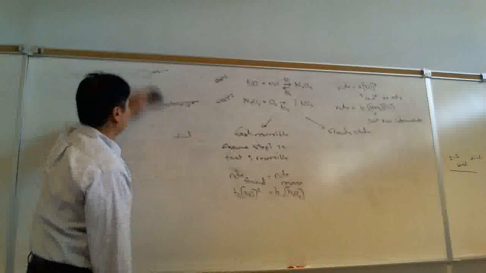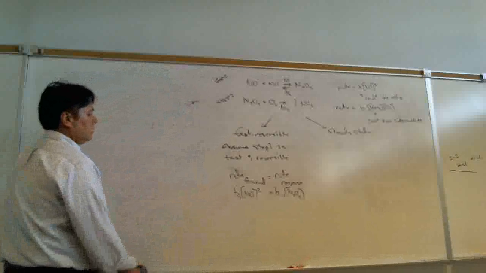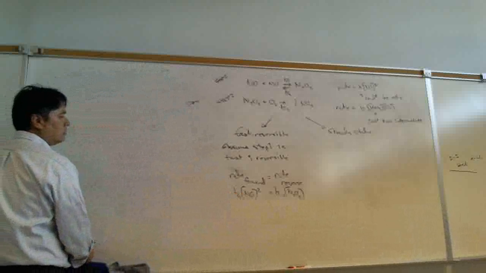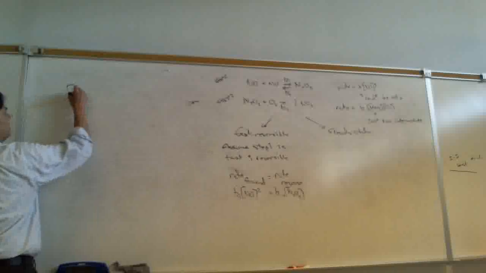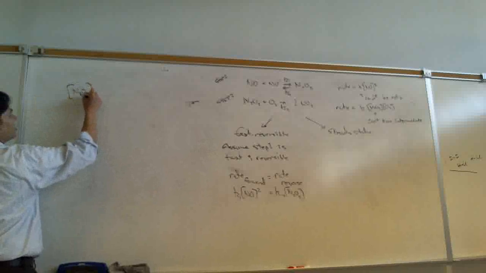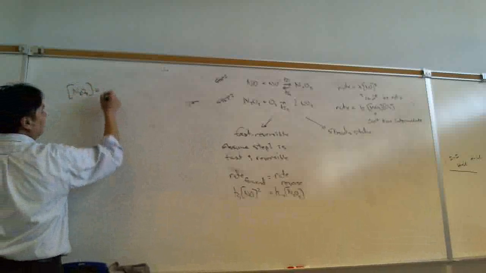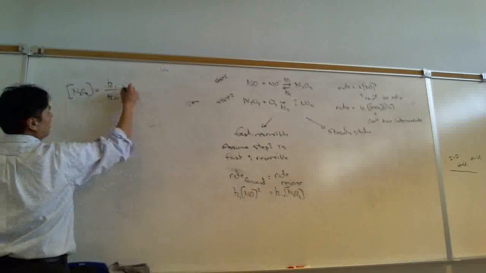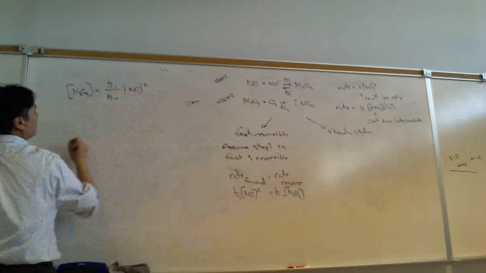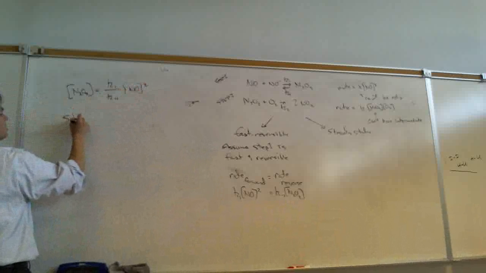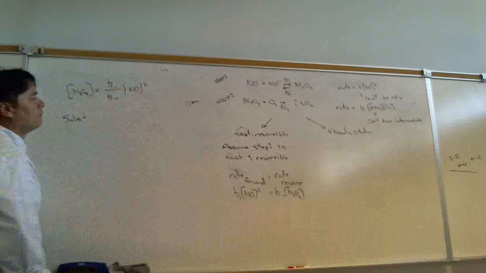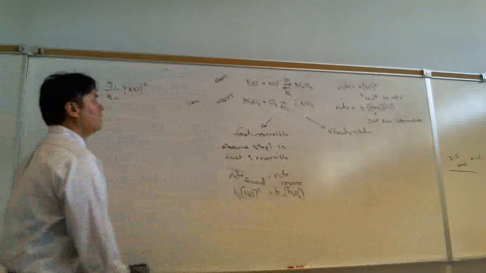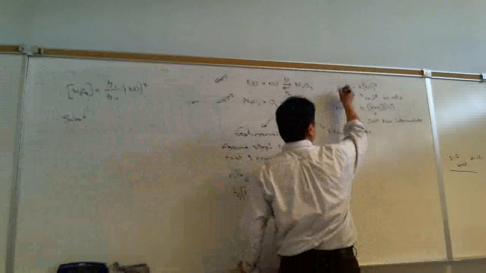The N2O2 concentration is going to have a second order dependence on the NO. And so the N2O2 intermediate concentration is going to equal k1 over k minus 1 times the NO concentration squared. And then we're going to substitute this back into our rate law.